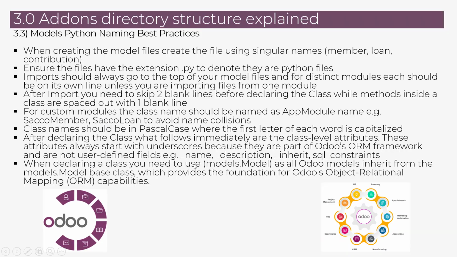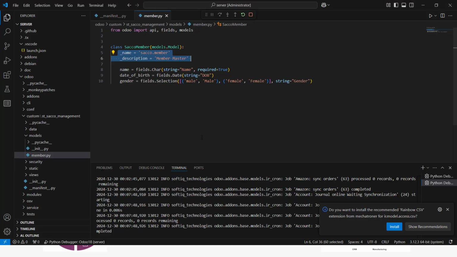So when declaring a class, you need to use models.Model, as all Odoo models inherit from the models.Model base class, which provides the foundation for Odoo's object relational mapping. So basically, we declare the classes using models.Model.